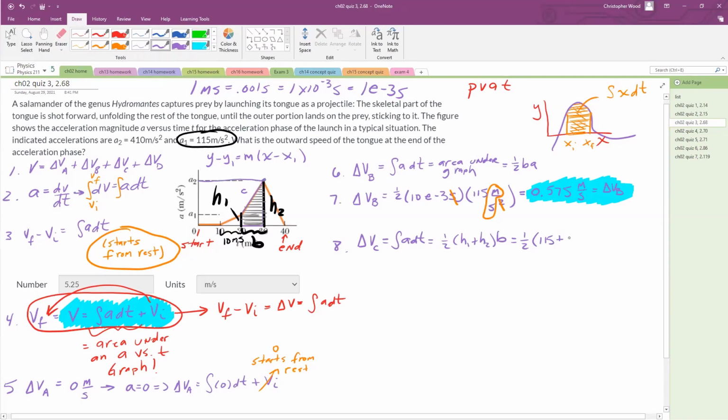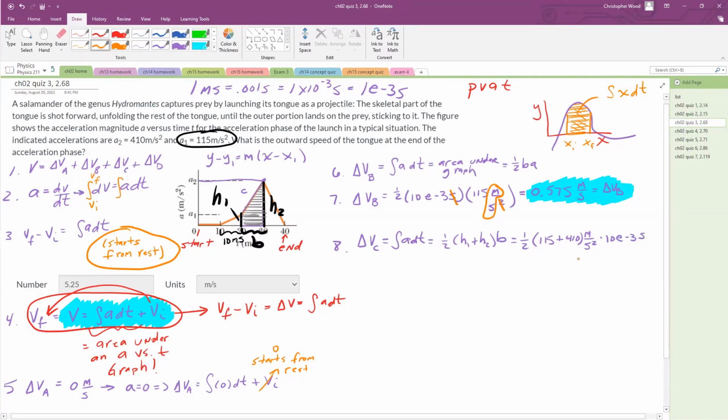So A2 in my case is 410. I'm factoring out the units because they share common units. So this is just meters per second squared. 1/2 base times height, or I'm sorry, 1/2 H1 plus H2 times base. And my base is once again 10 E minus 3 seconds.